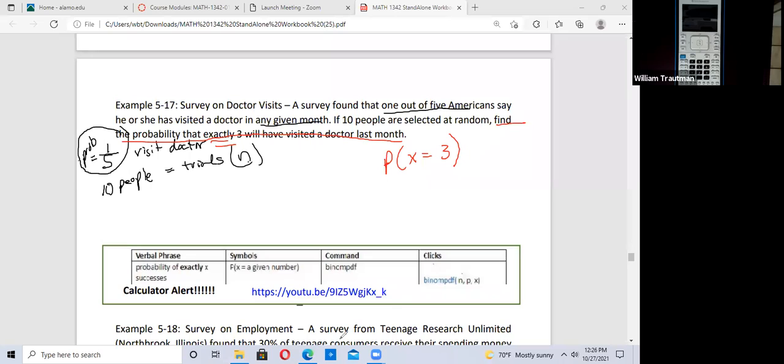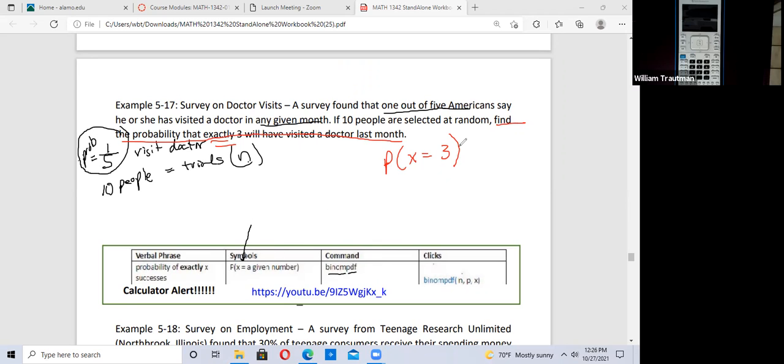And if we look at this box down here, the symbol for exactly equals, we're using binomial PDF. It's different if it was greater than or less than, but for equals, we use binomial PDF. So that's really important.